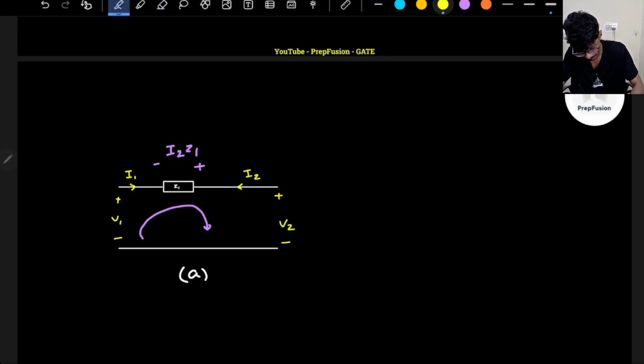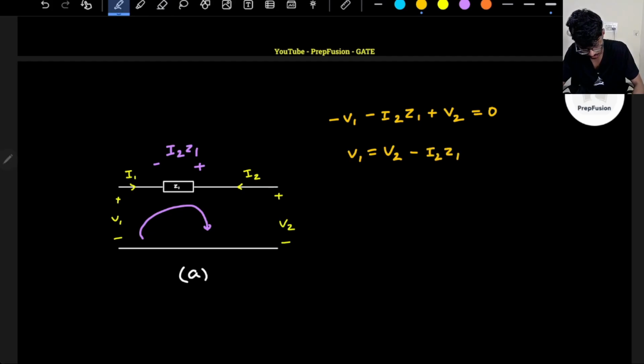So it will be minus V1 minus I2 into Z1 then plus V2 equals 0. So V1 equals V2 minus I2 into Z1. From here I can directly say what my A is. So A from this equation is 1 and B from this equation is Z1.